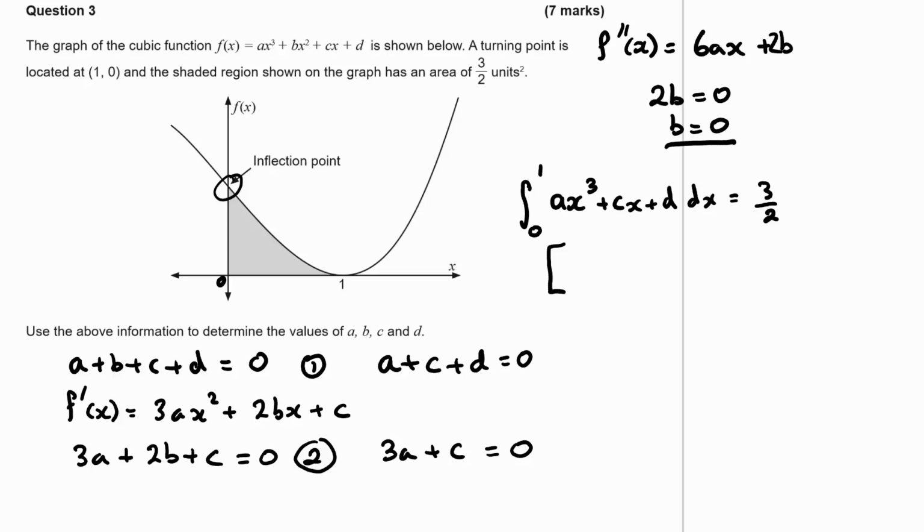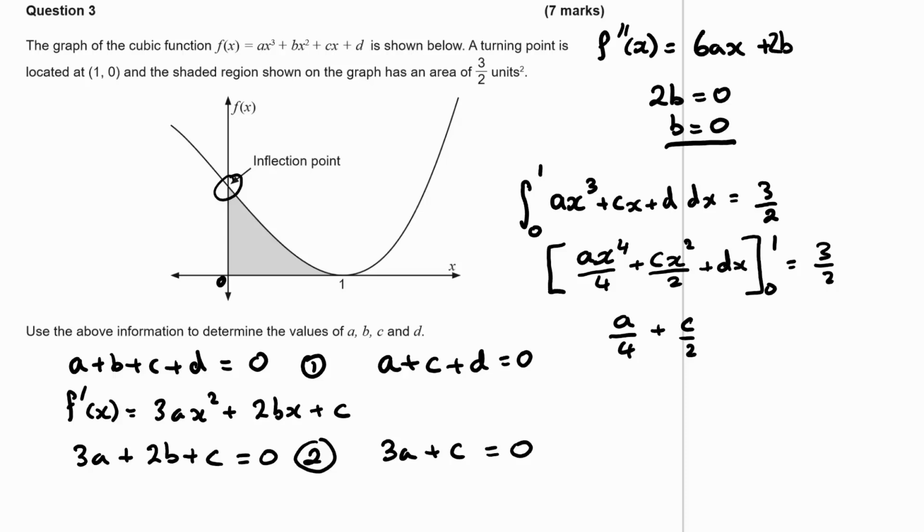So that gives me ax⁴/4 + cx²/2 + dx from 0 to 1 is 3/2. Now when we substitute 0 in there, we don't get anything. When we substitute 1 in, we get a/4 + c/2 + d = 3/2.